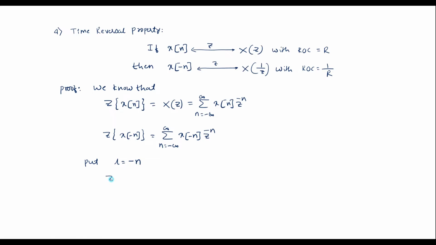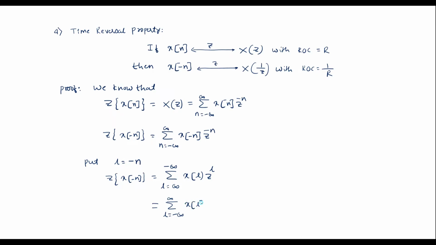So I can represent the Z transform of x of minus n as summation L from infinity to minus infinity, x of L, z power L. Further, the limit on L can also be represented as L from minus infinity to infinity.